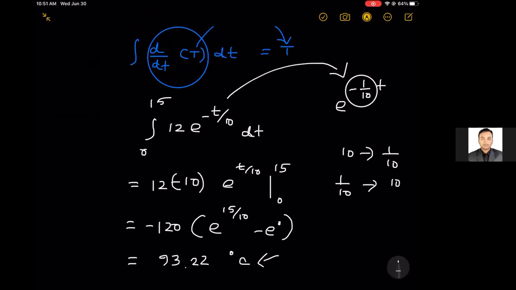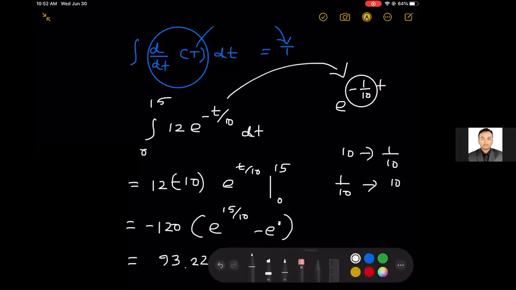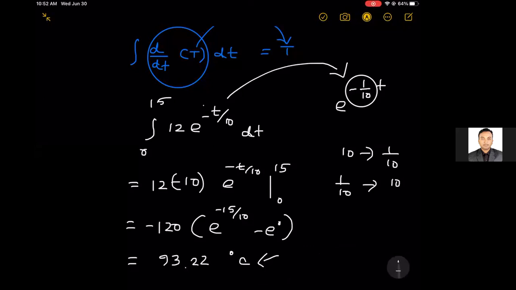What did you get? I did it as e to the 1.5, and I got 4.48. Oh, sorry. I think I've just missed out the negative in front. Sorry about that. Yeah, you can see there is a negative in front. Gotcha. Yeah, you're right. Okay, thank you for that. Yeah, definitely you have that negative.